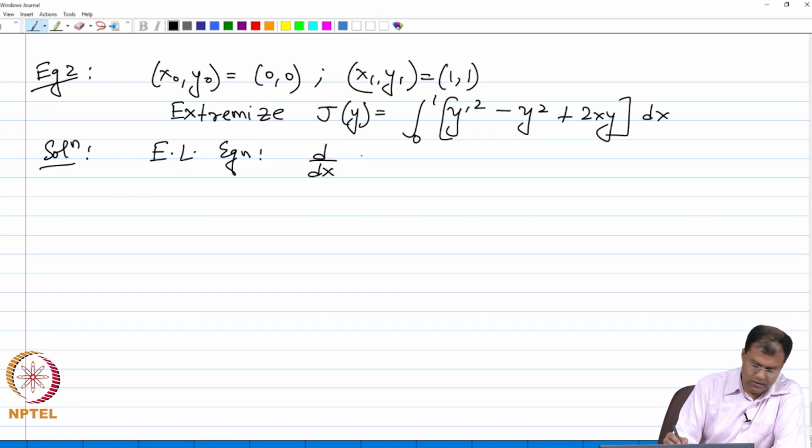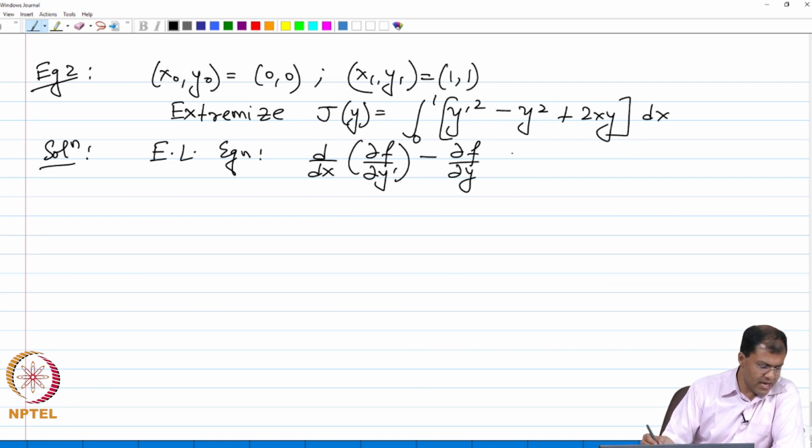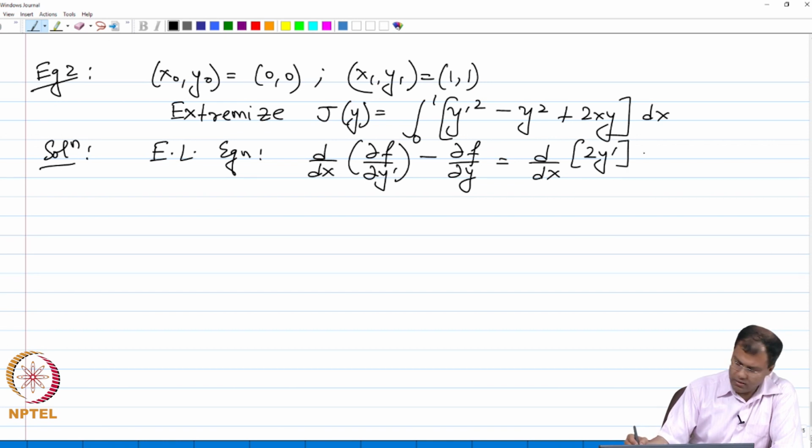When we use the Euler Lagrange equation, we see that this is d dx of del f del y prime minus del f del y, which is also equal to d dx of 2 y prime, taking all the necessary derivatives here, minus of minus 2 y plus 2 x, and we set this equal to 0.